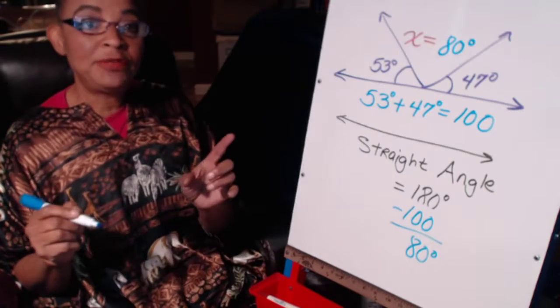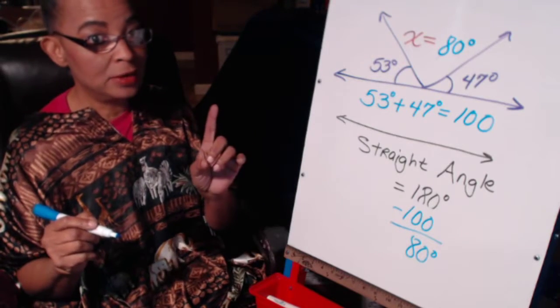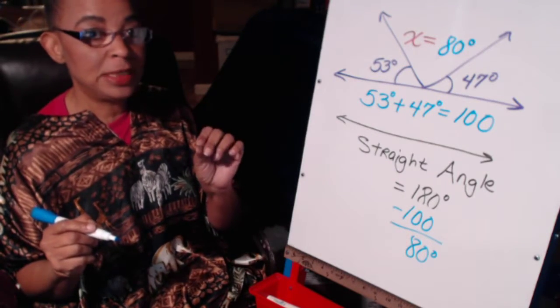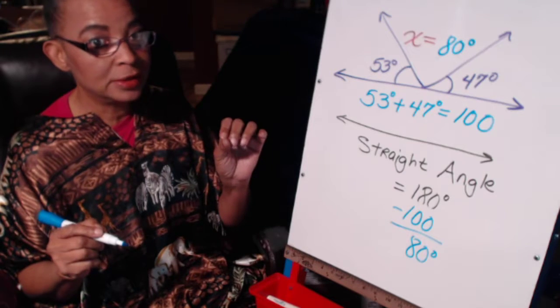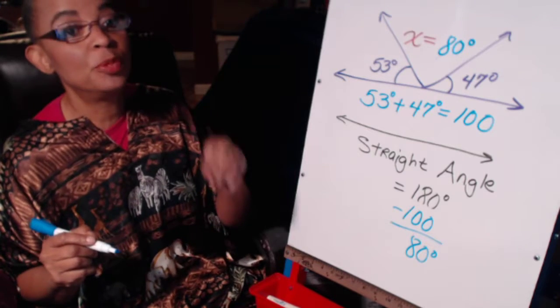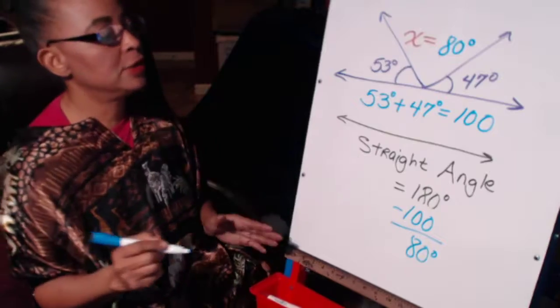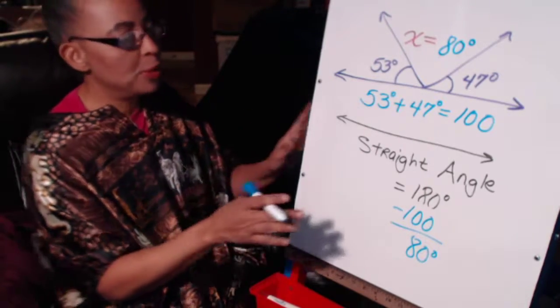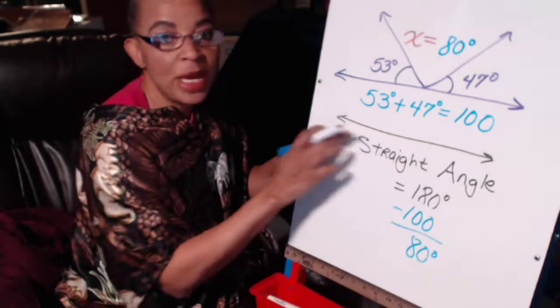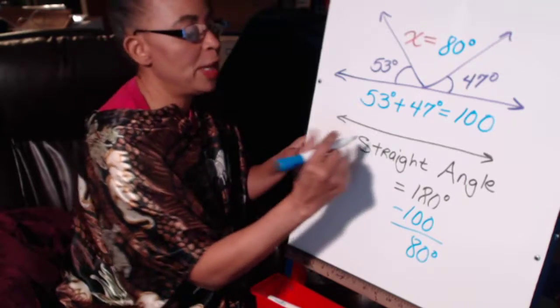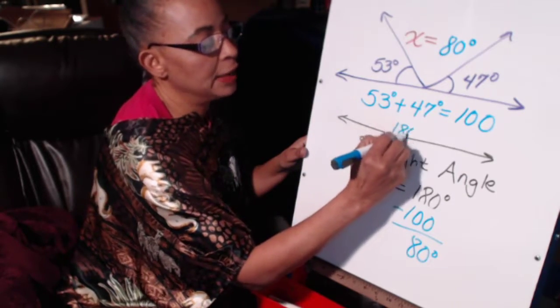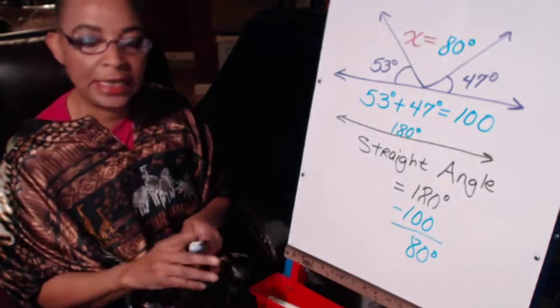So it doesn't have to be just one angle, doesn't have to be just two angles. It could be three or more angles, and see, we have three angles here. But always remember, if you have a straight line, the total measure of this straight line is 180 degrees.